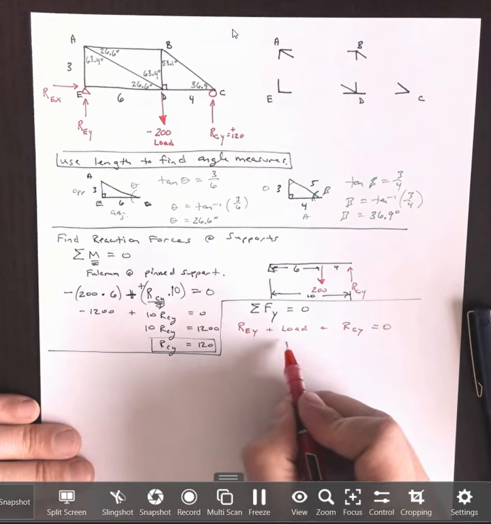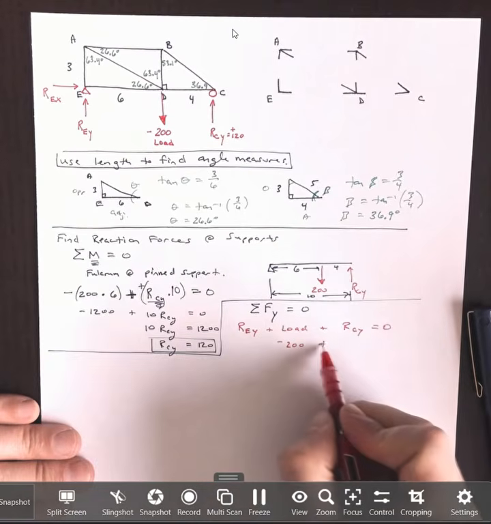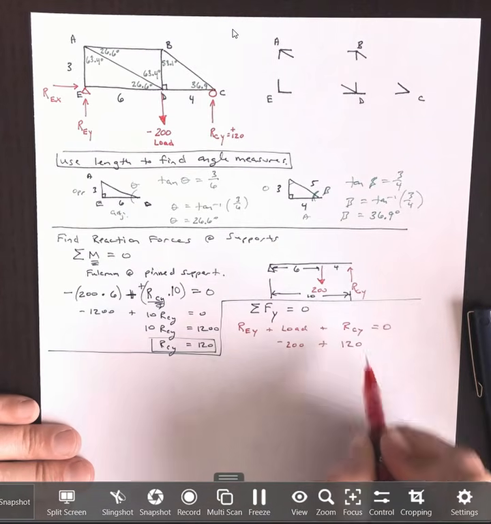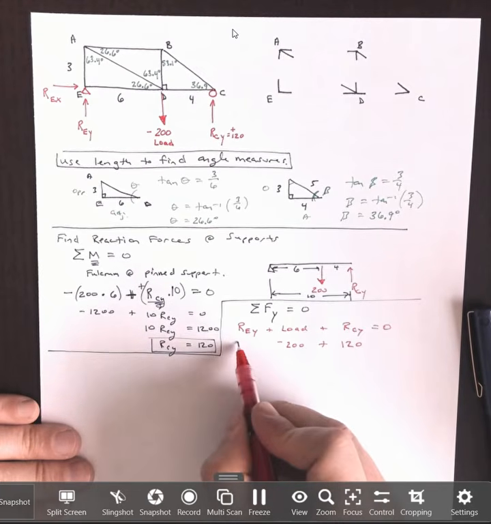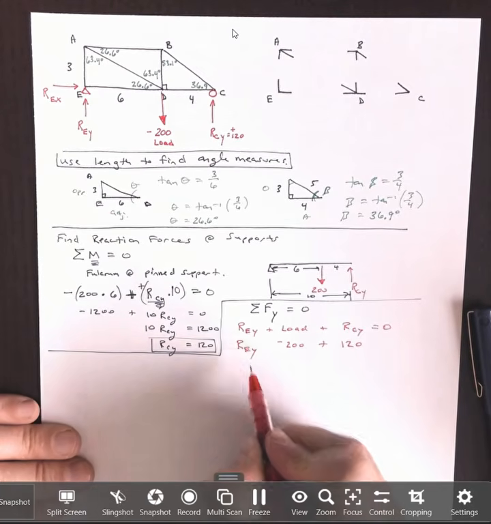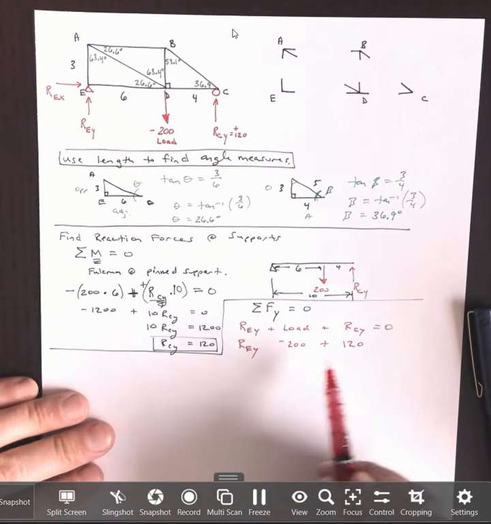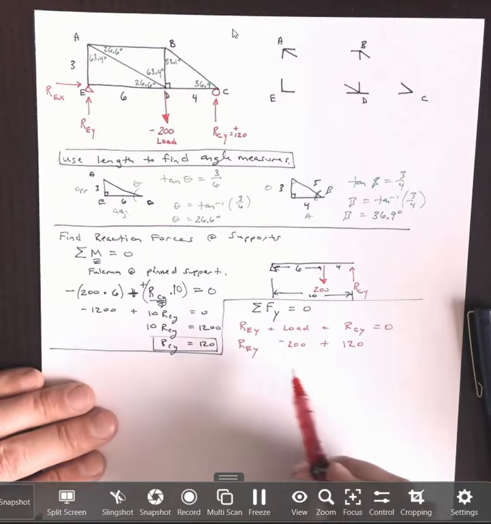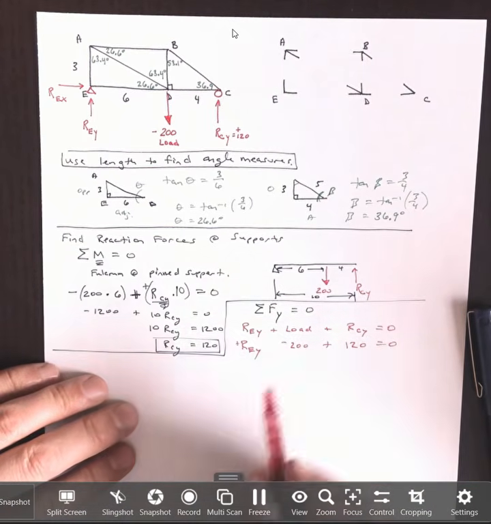Okay. The load we know is a negative 200. The reaction force at C we know is a positive 120. The reaction force at E in the y direction, we kind of know from looking at it that it's going to have to be up. I've got 200 down, I'm going to need a total of 200 up, and I've only got 120 up so far. So I know it's going to be positive.